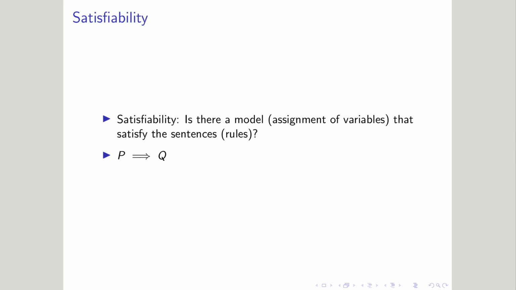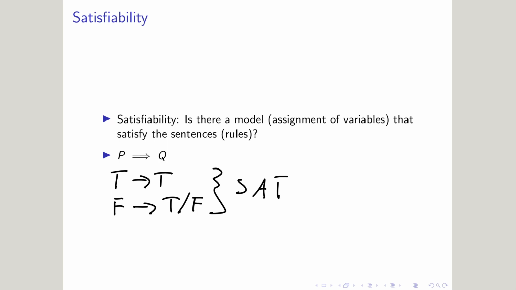So to be satisfied, if the premise is true, the conclusion must be true. If the premise is false, the conclusion could be true or false. So these are both the satisfying cases. However, if the premise is true but the conclusion is false, that means our rule doesn't hold.